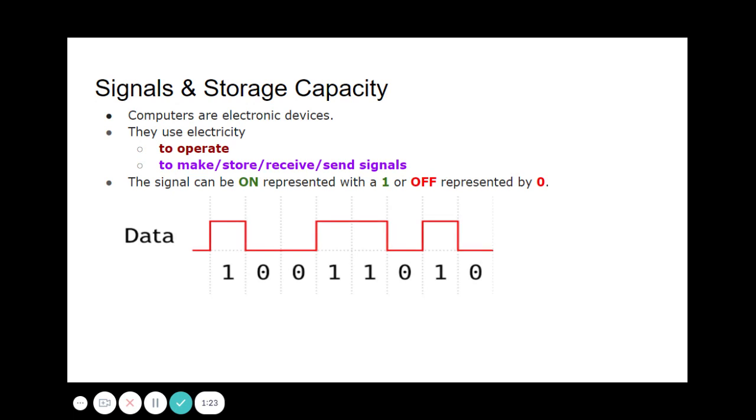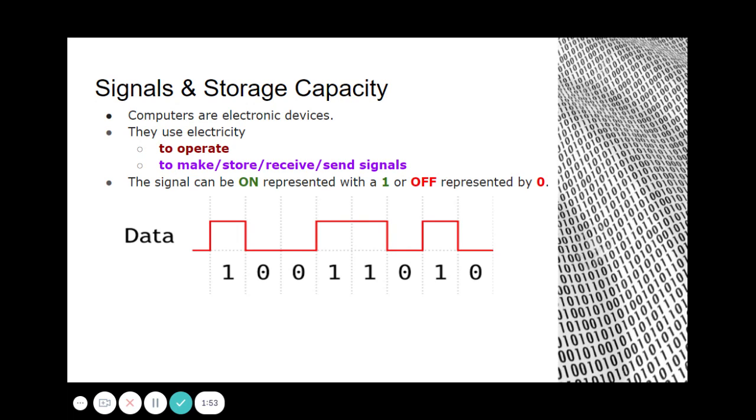Data is what some people might call information, but at the very basic level it's all the signals that are coming in or being stored, sent, or received. In this case, the red line represents the electrical charge. When the red line goes up, that means it's on, and then it drops down, it's off, off, and then it goes on, off, on, and finishes with off. So that's the data there.